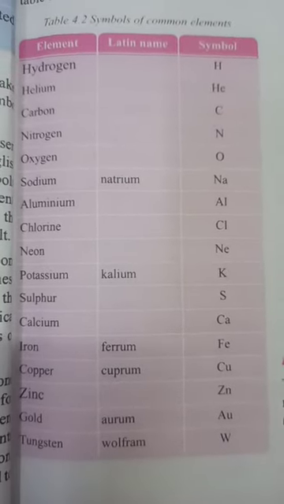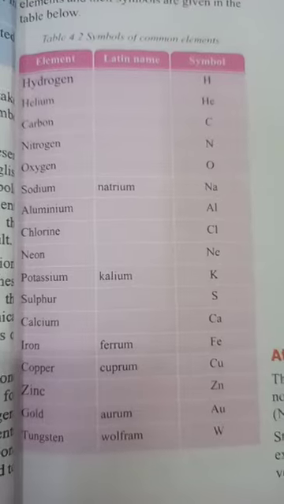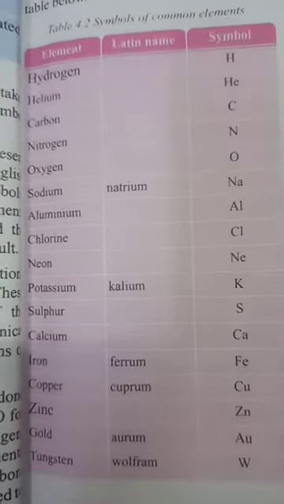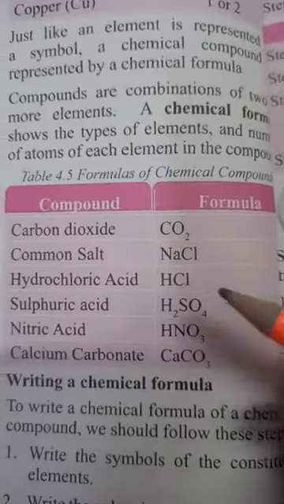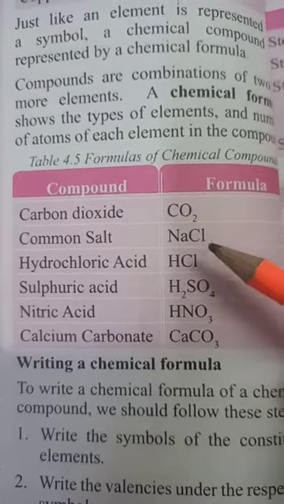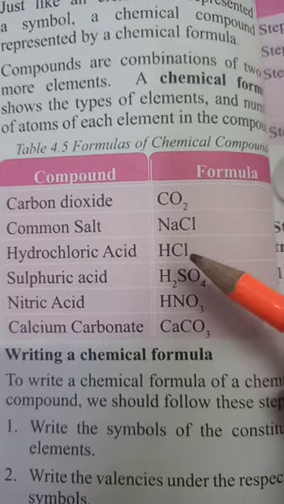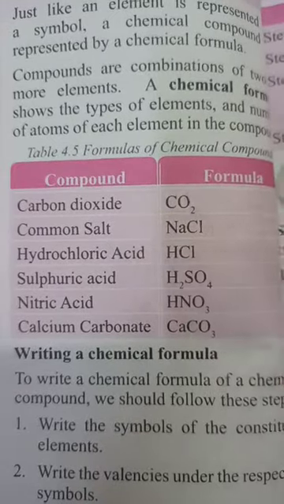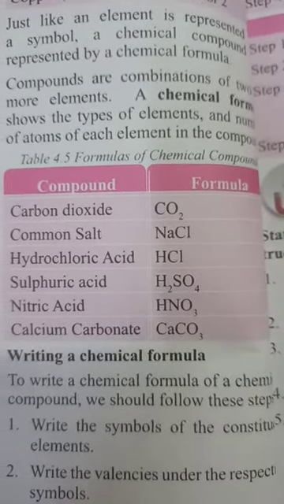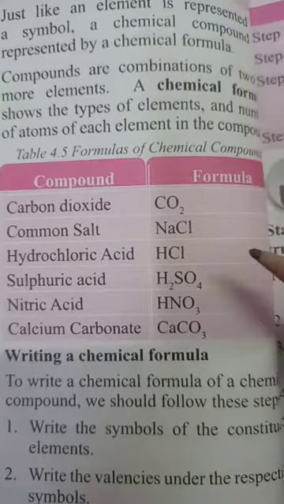So children, in the same way, from this chapter many compound names are also given, like carbon dioxide, common salt, or it is called sodium chloride. Here it is written common salt, but its chemical name is sodium chloride.